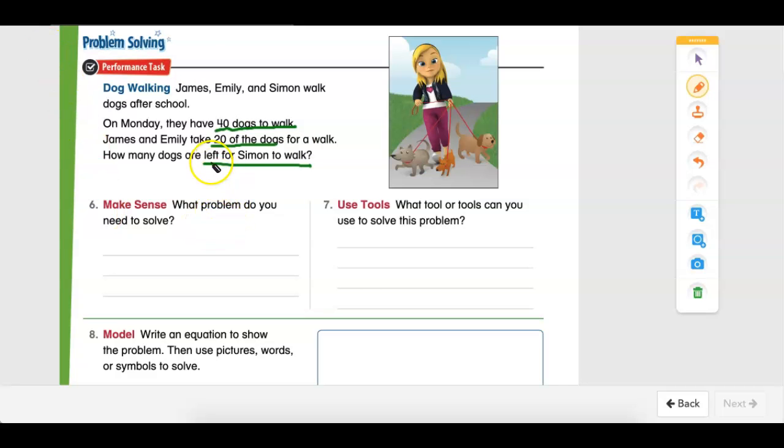We know that there are 40 dogs total and that James and Emily took 20 of the dogs on a walk earlier. This is the problem that we will have to solve.